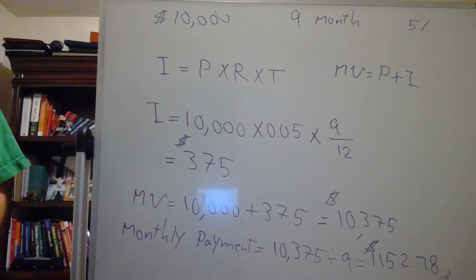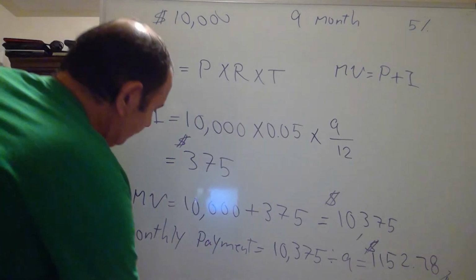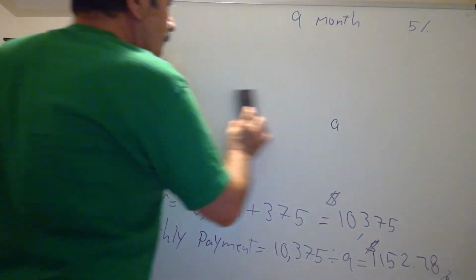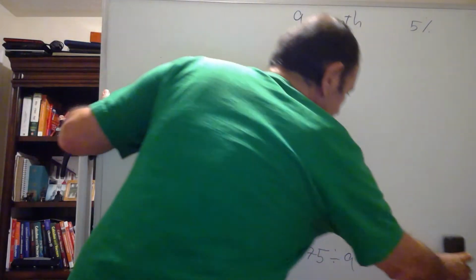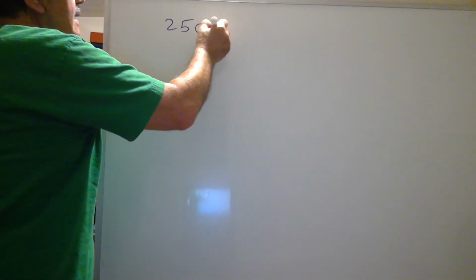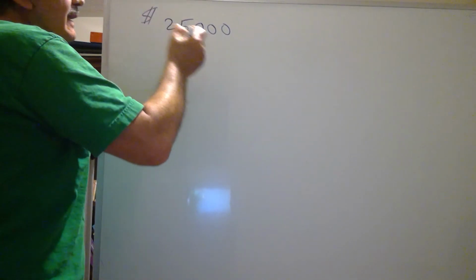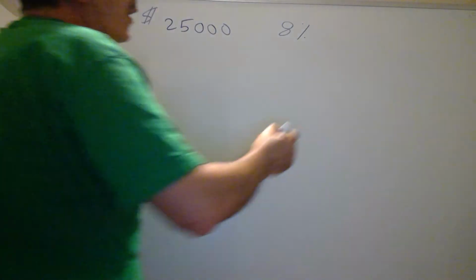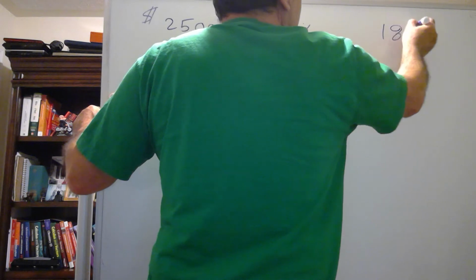Okay. Now let's do another example. Let's say I borrowed $25,000 with the interest rate of 8% for 180 days.